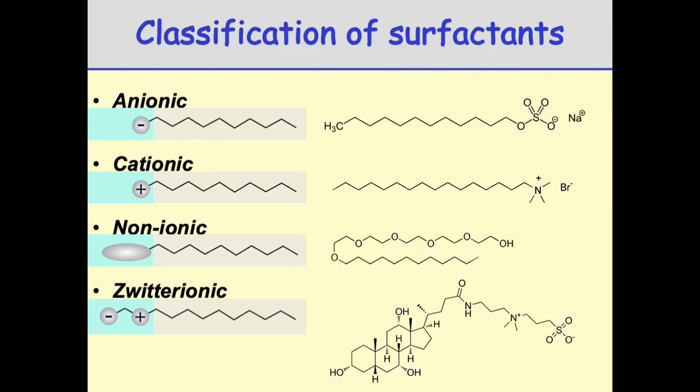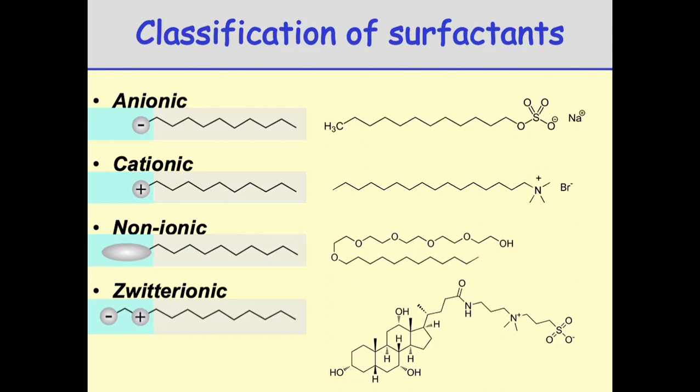And if the head group has a positive and a negative ion in it, and you can see this molecule here is a more complex molecule. The hydrophobic part of this molecule is the fused benzene, the fused rings that you can see there. And so that's the hydrophobic end of this molecule, and the hydrophilic end has these charged components.